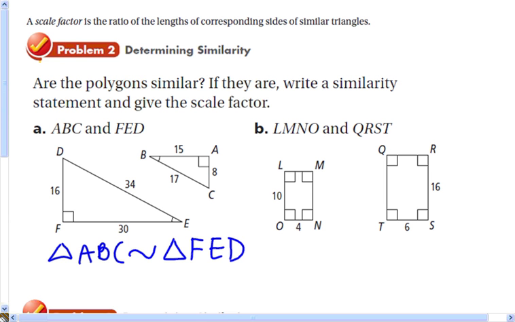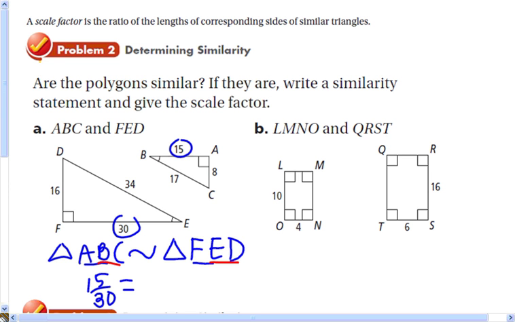But first we have to make sure that the ratios of corresponding sides are equal. So we're going to take side AB, which is 15, and compare that to side FE, which is 30. So we get 15 over 30. And then we're going to do side ED, make sure that BC over ED is the same ratio.